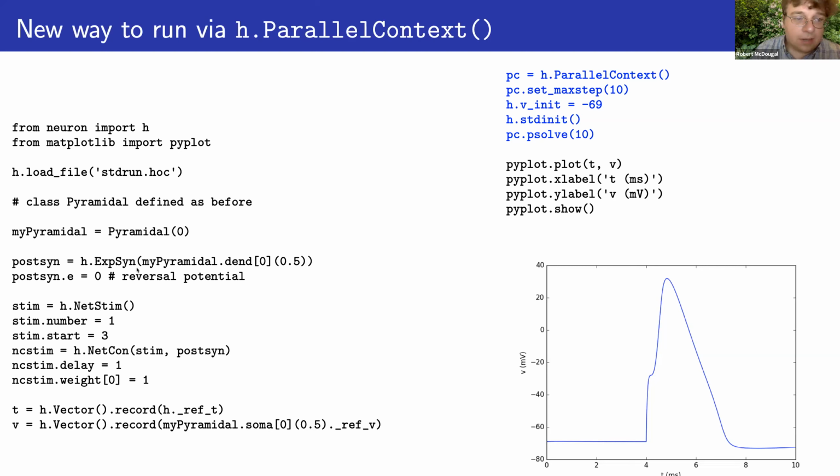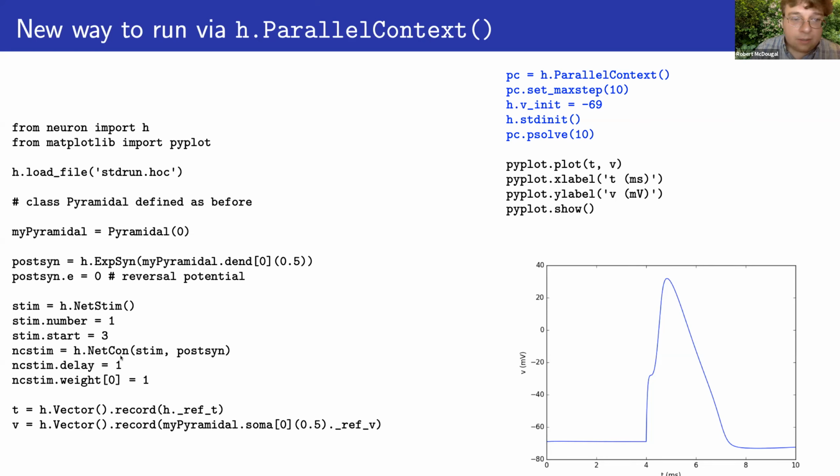I can construct a postsynaptic thing and add a certain reversal potential. So it's a reversal potential of 0 millivolts. So that's going to be an excitatory synapse. I'm constructing that stim to stimulate my cell. We've been doing this for weeks now. I'm going to just generate a single spike. It's going to happen at time 3 milliseconds.